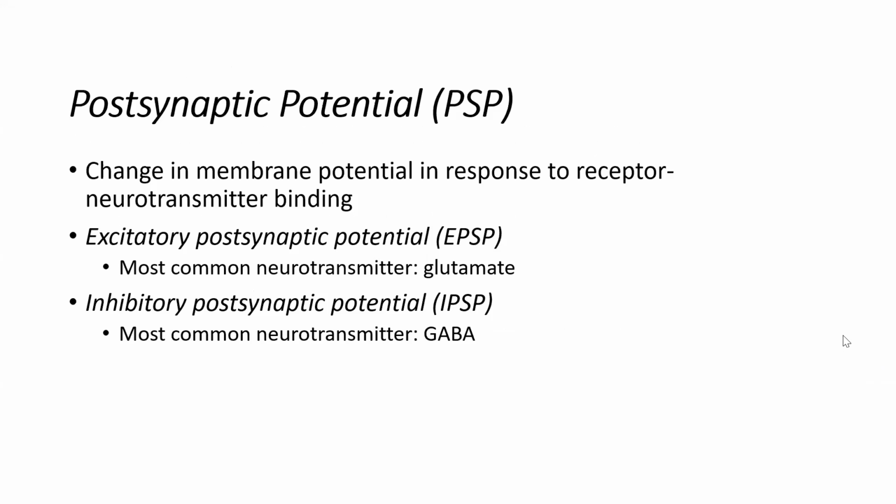Okay. So again, just reiterating that idea here, different neurotransmitters are going to result in different types of potentials. So the most common neurotransmitter involved in EPSPs is glutamate. Glutamate is usually referred to as an excitatory neurotransmitter. It's going to help depolarize cells and cause excitation on neurons.